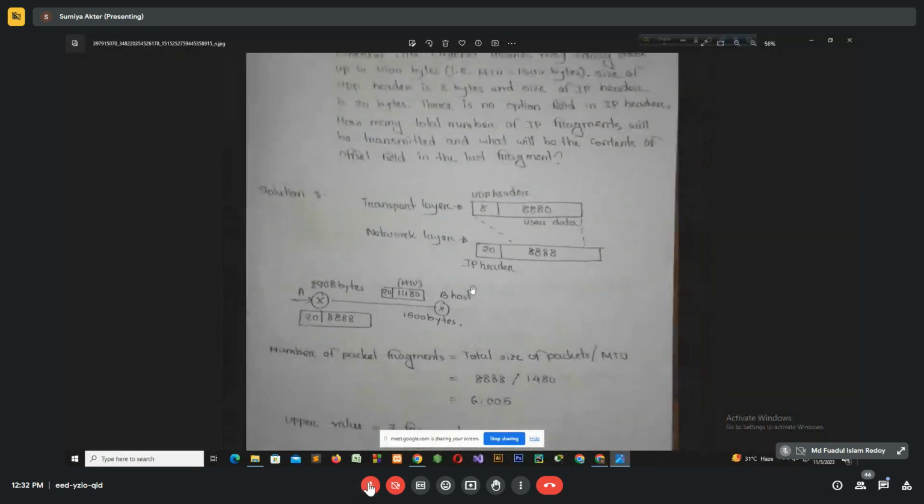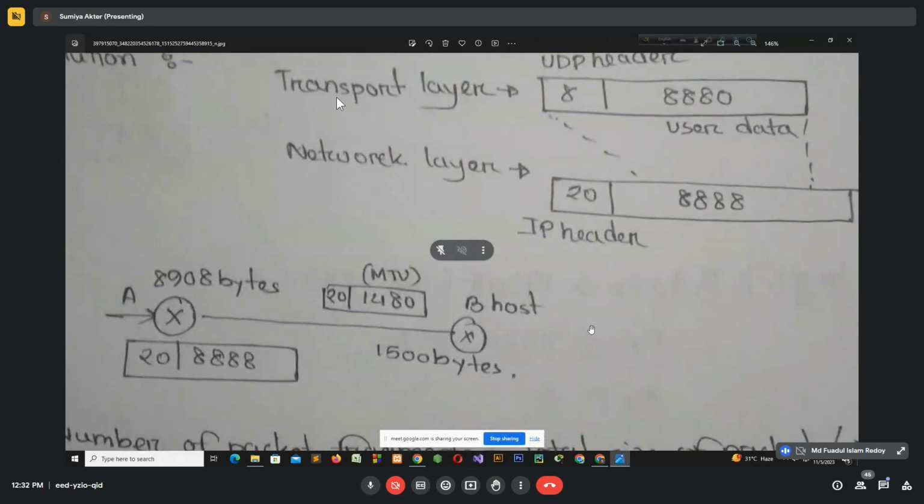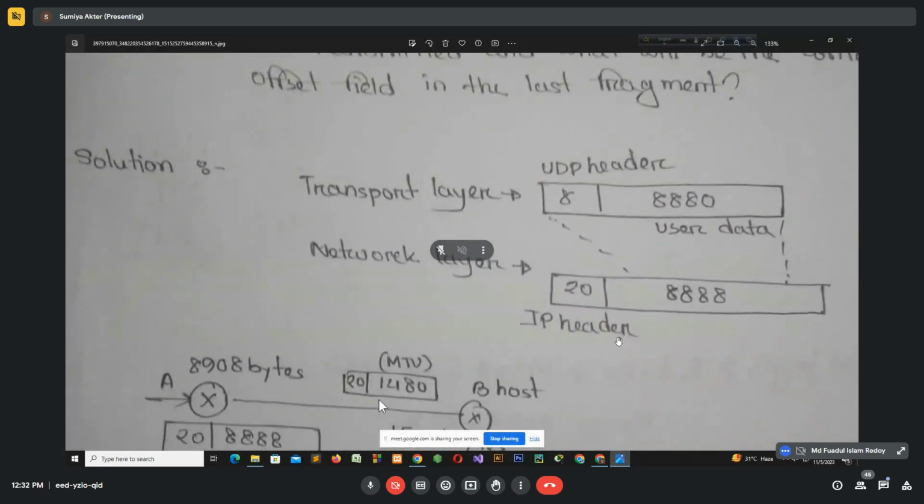Okay, so here is our picture. This UDP header and the user data will be added together, and then this will be our user data, and this user data will be sent to the network layer.